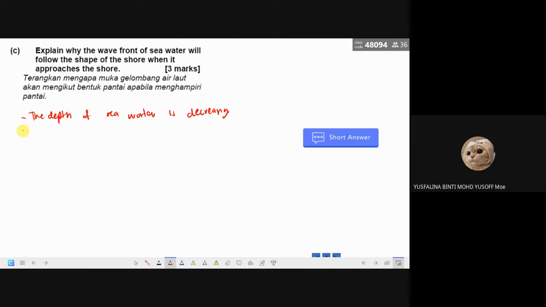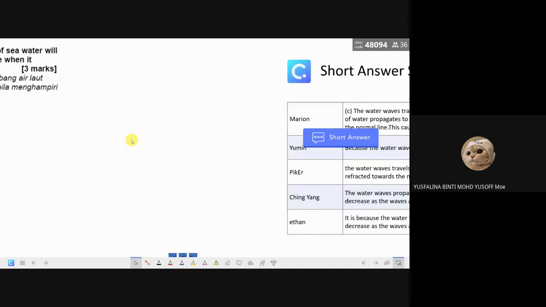Then the next part, what will happen to the wavelength? The wavelength will also decrease. Then the third point is refraction occurs. So that's the answer.